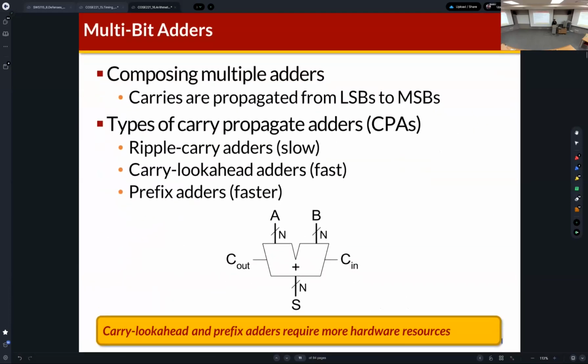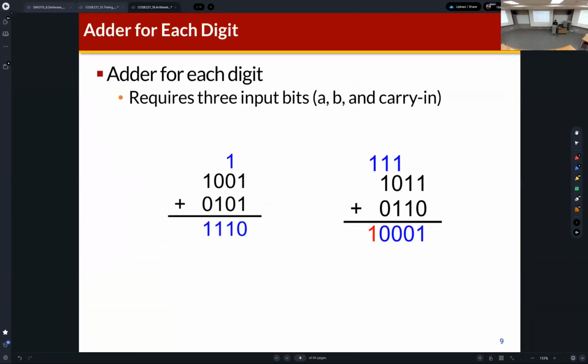So let's think about the multi-bit adder. If we just know how to perform binary addition, then we can build the multi-bit adder easily, right?